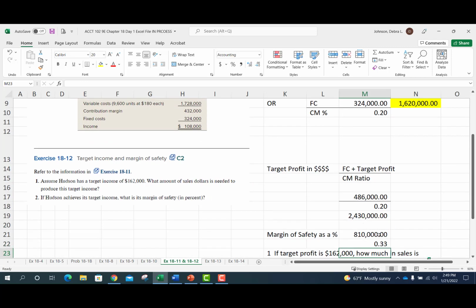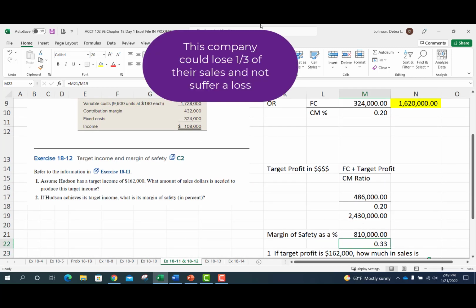When we do that, we will get a margin of safety of about 33.33%. That means that this company could suffer a 1/3 drop in sales and still not lose money.